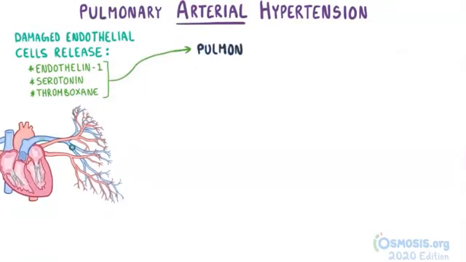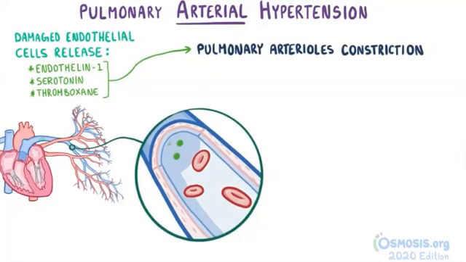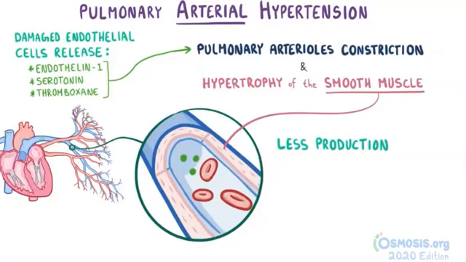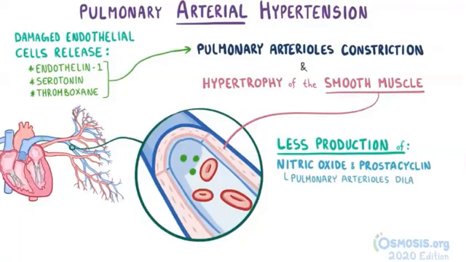These chemicals make the pulmonary arterioles constrict and cause hypertrophy of the smooth muscles surrounding them. The damaged endothelial cells also produce less nitric oxide and prostacyclin, which have the opposite effect. They make the pulmonary arterioles dilate and inhibit smooth muscle hypertrophy.